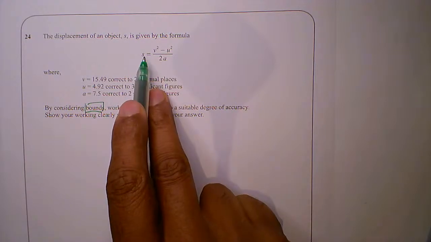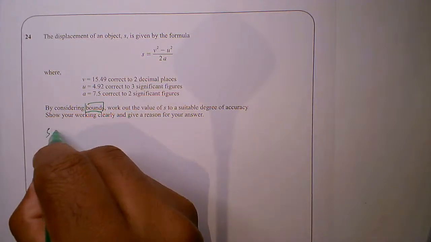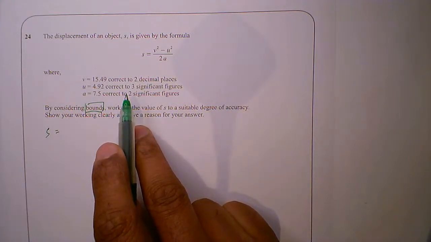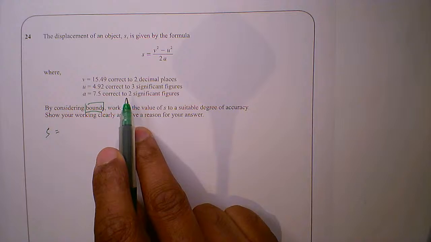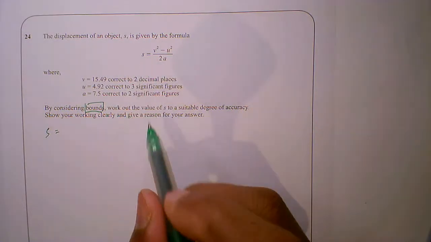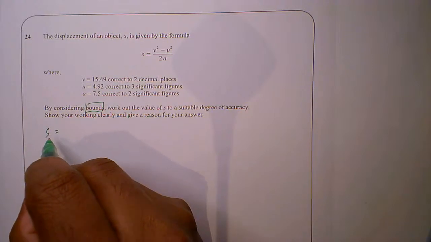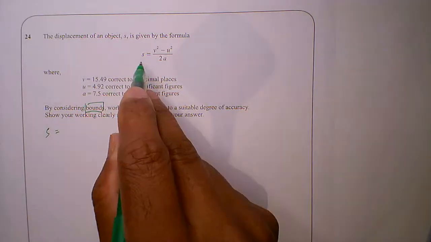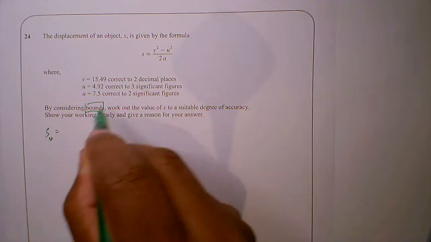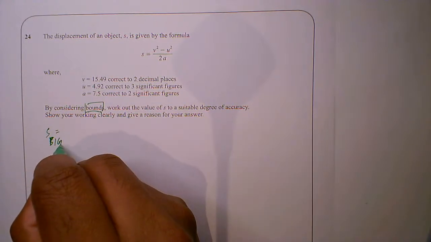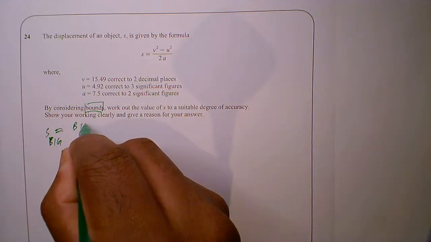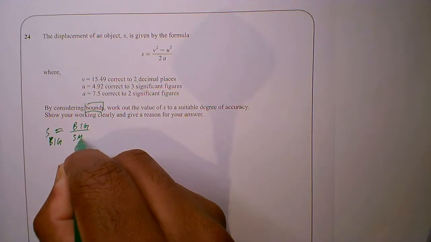So we've got S, and it's a division. I need to find what my upper bound is as well as the lower bound for S. If I want my upper bound, or a big number, so S, if I want it to be big, I need my top number to be big divided by a small number.